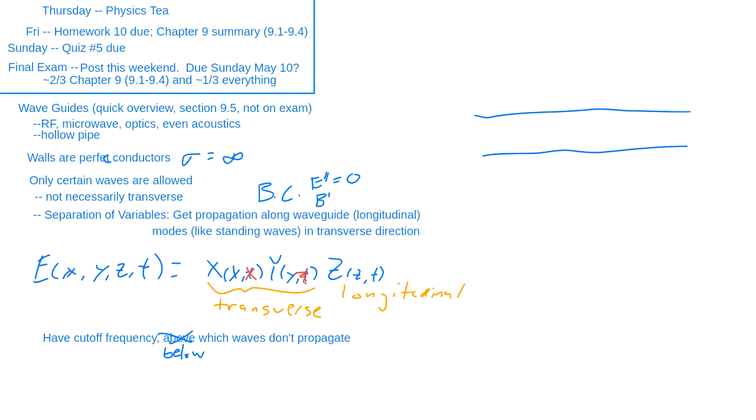You can't have a field inside the conductor. You can have a perpendicular component of the electric field because that's pointing away from the boundary. It's like having some charge on the boundary. The field can point away from it, but you can't have a field that points in because it would then induce an infinite current. And same thing for our magnetic field, except with a perpendicular component.